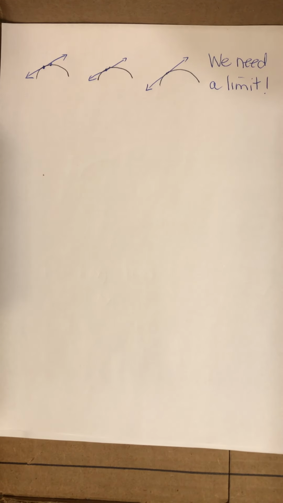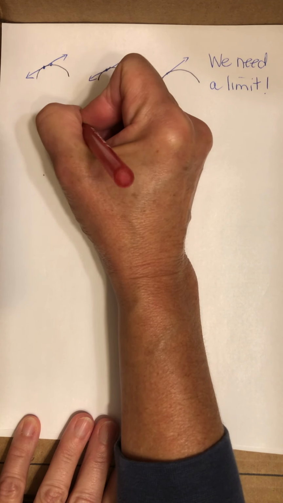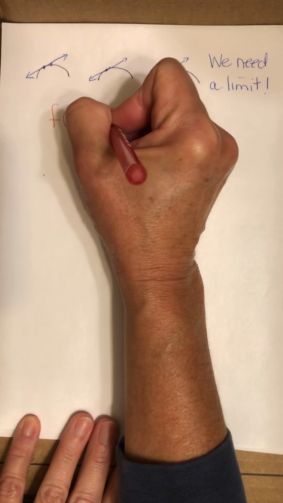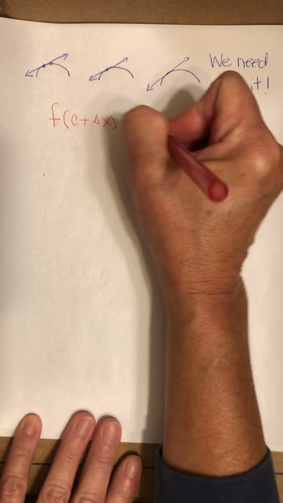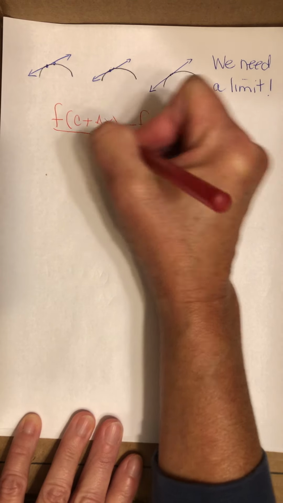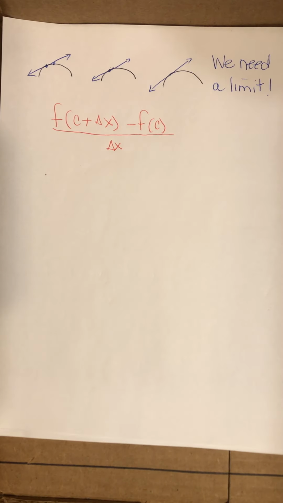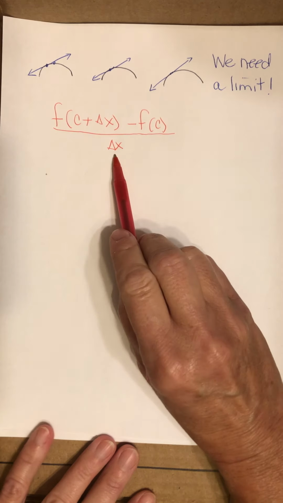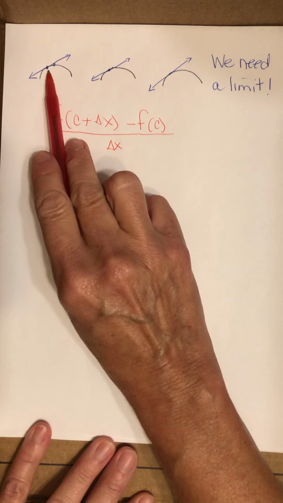Let's go back, and I'm just going to write again, because we're on a new page, the difference quotient. Here was the difference quotient that we had written and talked about, how it is actually the slope formula. So what I'm saying here is, let's add a limit onto this. Aren't I saying that these 2 points are getting infinitely close to each other?